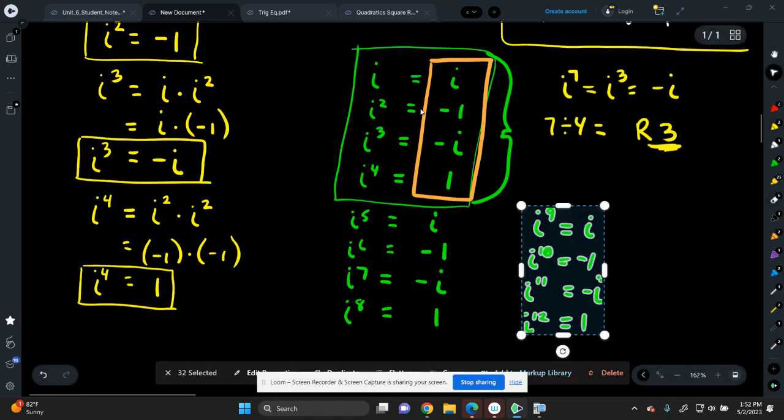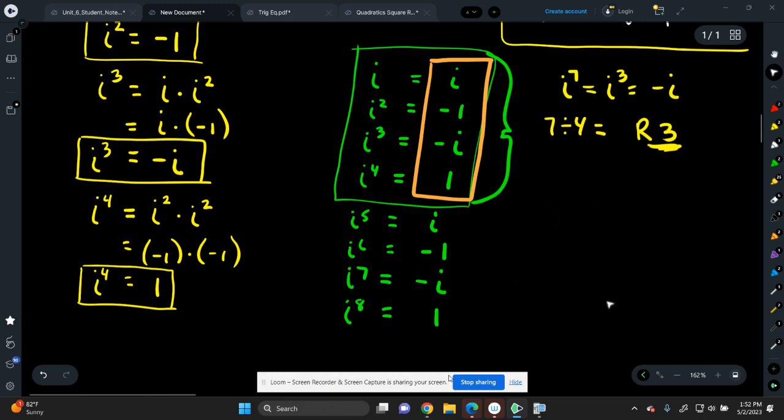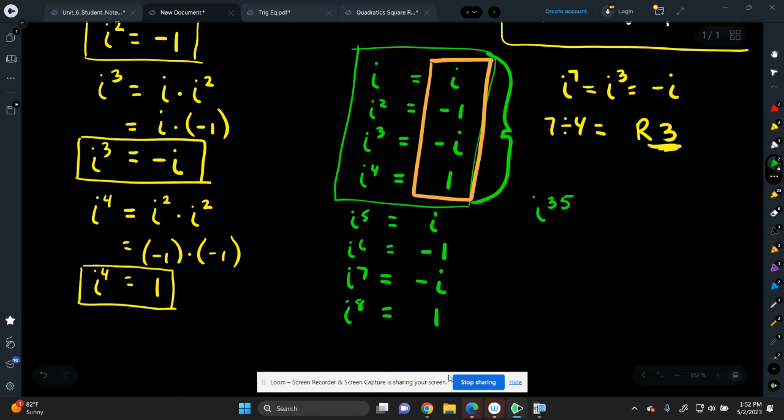Okay. Let's look at i to the 35th. We don't want to list them like this and keep repeating it every 4. So we're going to say 35 divided by 4. Okay, how many times does 4 go into 35? 7 times 4 is 28. 8 times 4 is 32.